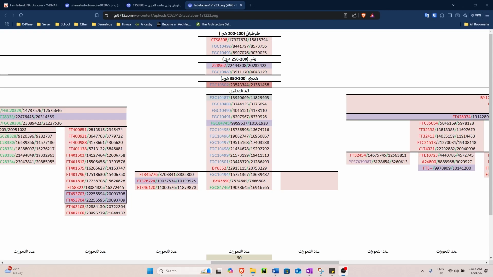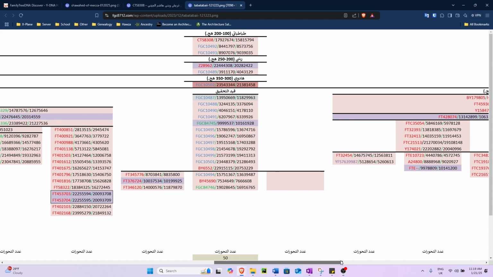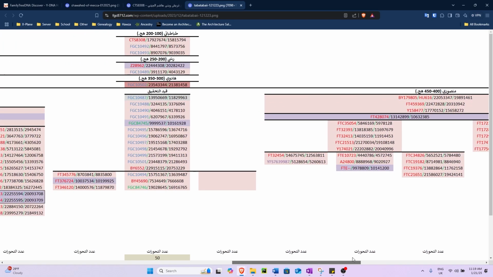On this page, we can see a chart made by Dr. Hadi al-Amili. He has made many of these charts for each haplogroup underneath L859 in order to identify all the families and the SNPs belonging to them. So this chart belongs to the Tabatabai Sadat, and we can see clearly the different splits and branches belonging to it and each family.